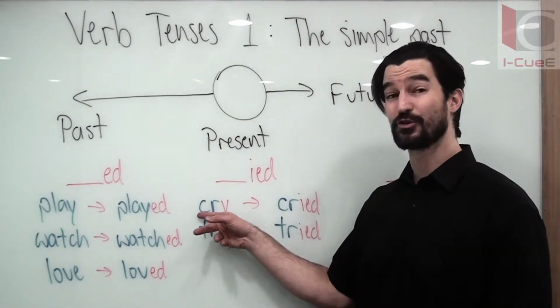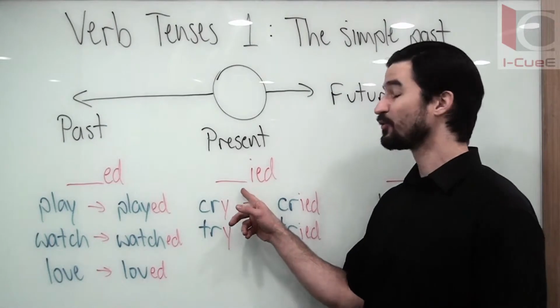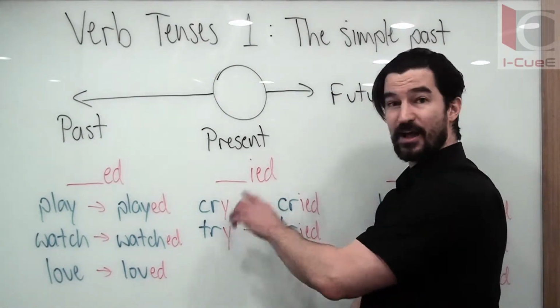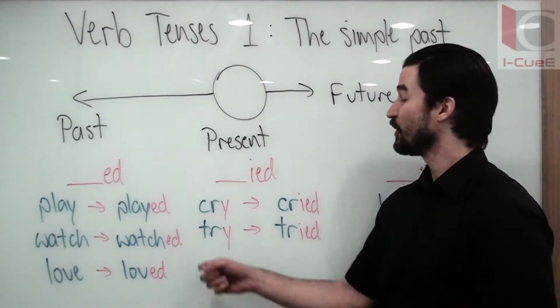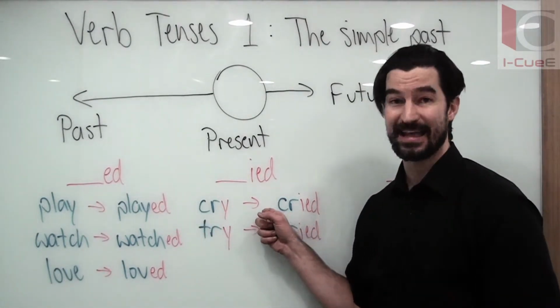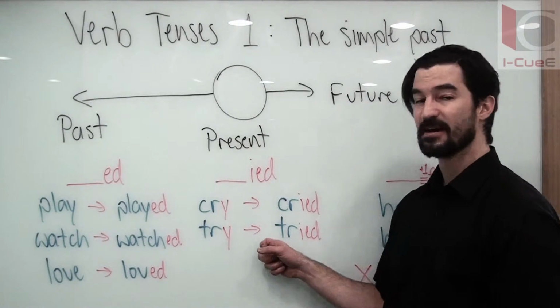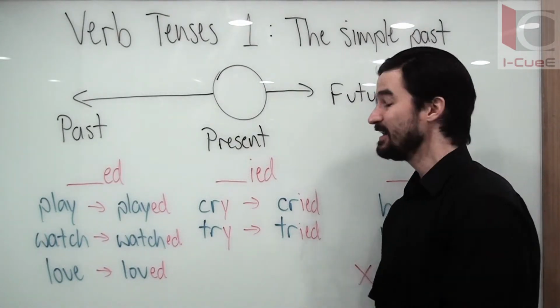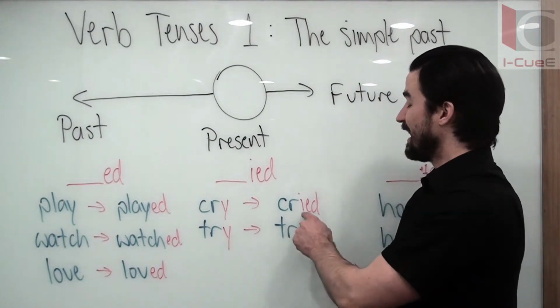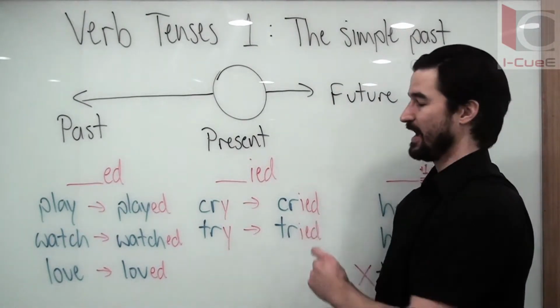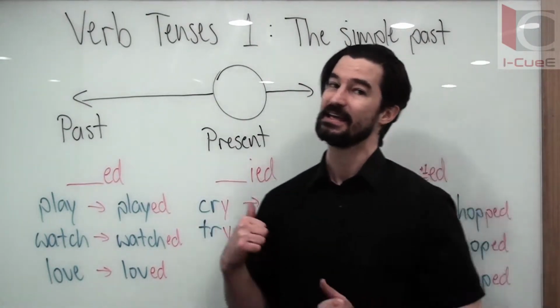For words like cry and try, the rule is we drop the Y, we take the Y away, and we add IED. So cry becomes cried. Try becomes tried. Okay? So especially with these little three-letter words, which are very common, IED is the rule, okay? Drop the Y, add IED.